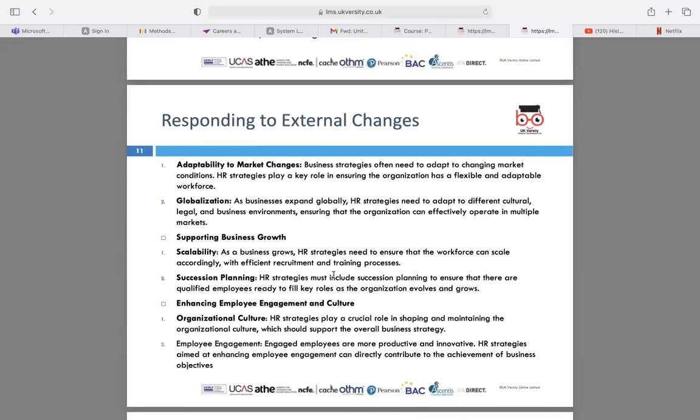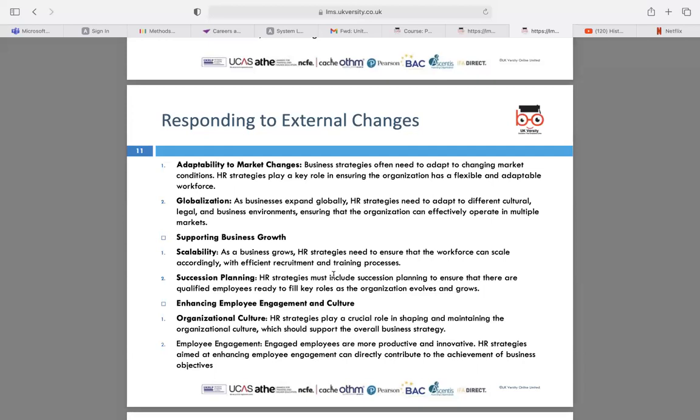Now, how does strategic human resource management respond to external changes? We've spoken about this yesterday as well, and how globalization played a role. But going through it again, it would be that how you adapt to different market changes. So, what kind of proactive approaches HR makes in its strategies to align with the business's objectives? So, we spoke about this theory called strategic fit.